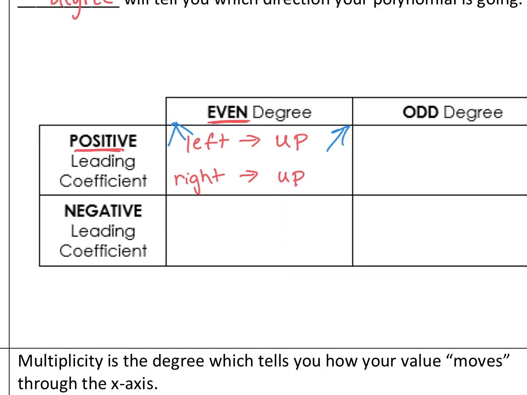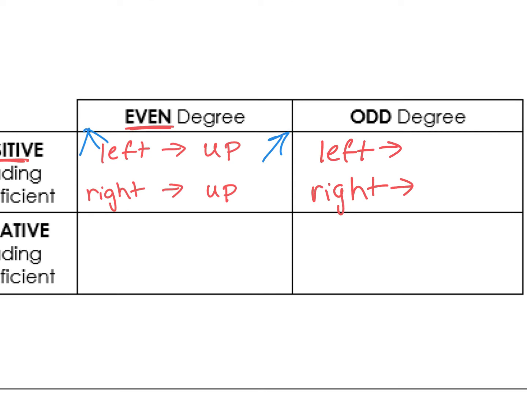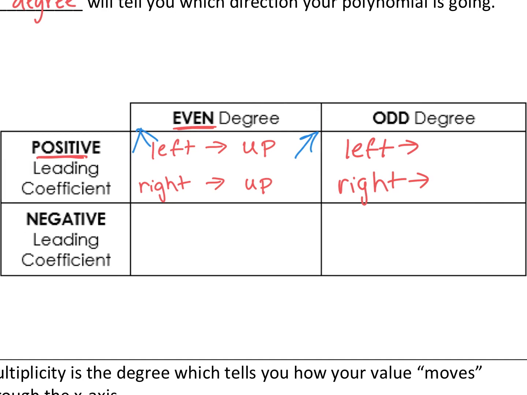All right, so if we put in a positive leading coefficient and an odd degree, left and right, what's happening? What's the left side doing? Odd degree, left is going up? Down. No, it's going down.